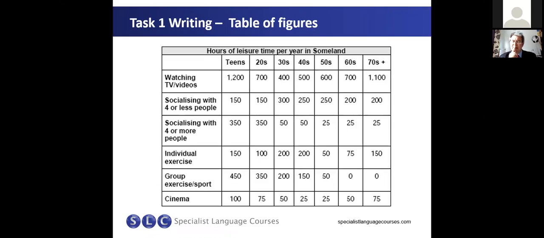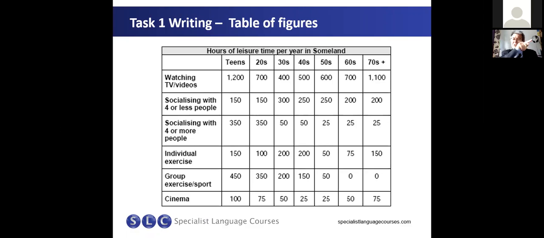I have to be very careful here what I say. Let's have a look. Okay, watching TV or videos is most popular with teens. Then it seems to tail off as you get older, as you in your 20s and 30s, it's reducing. Then it begins to come up again.